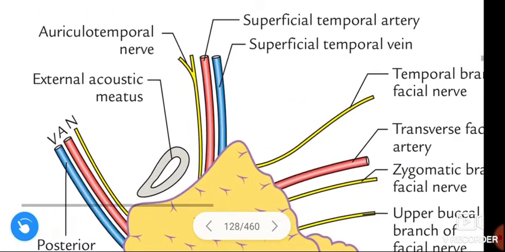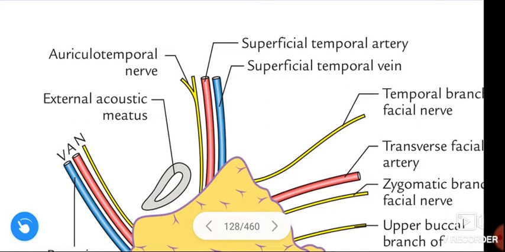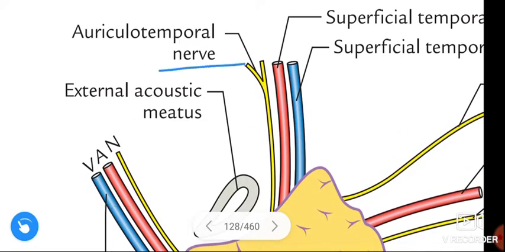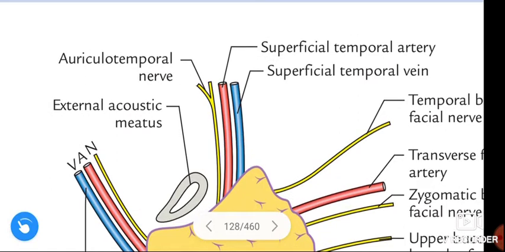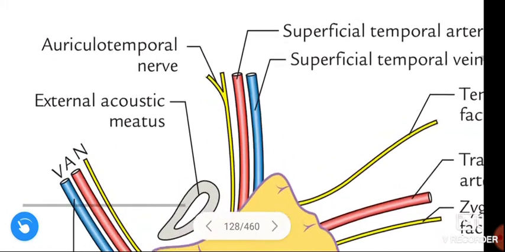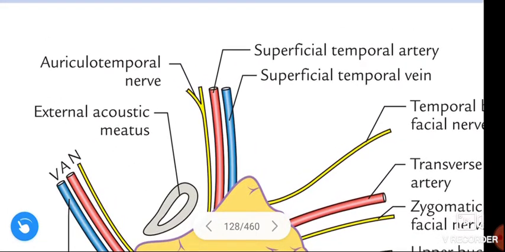The structures related to this surface are the superficial temporal vessels, that means the superficial temporal artery and the superficial temporal vein, and the nerve is the auriculotemporal nerve.